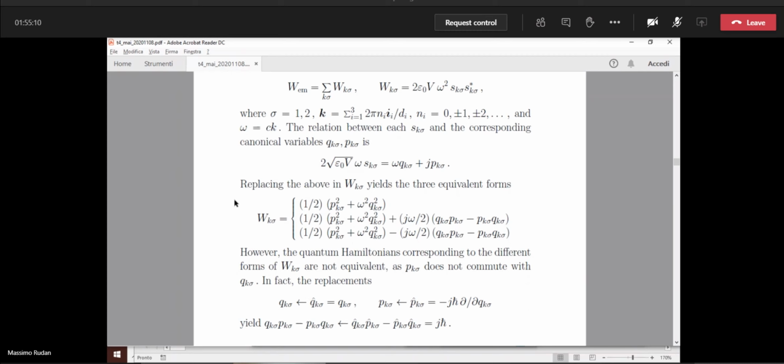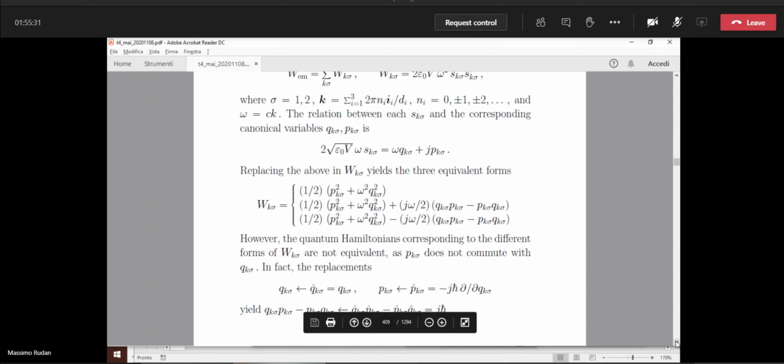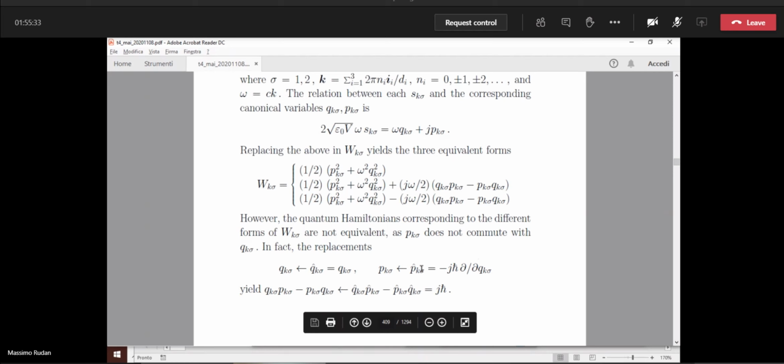The energy of the individual mode of the electromagnetic field has these three possible expressions that are written here. And in principle, all of them are legitimate. But it is easily understood that if we proceed with the quantization, and the quantization is given at the bottom of the page, we proceed in the usual manner.